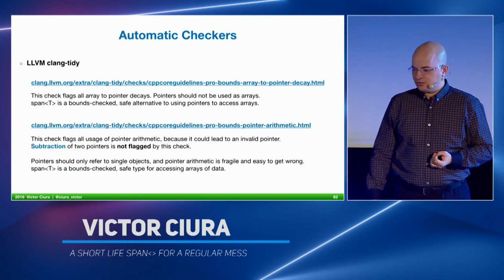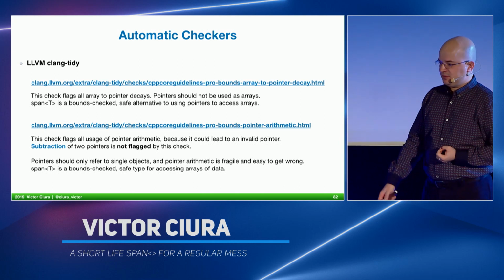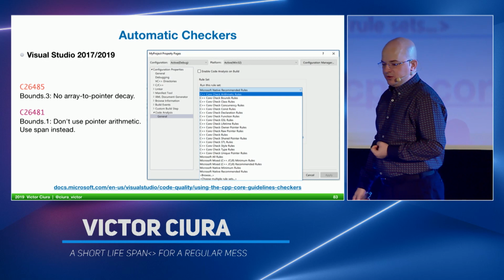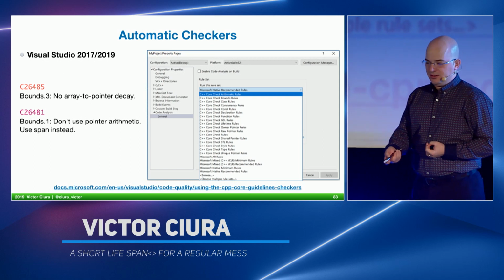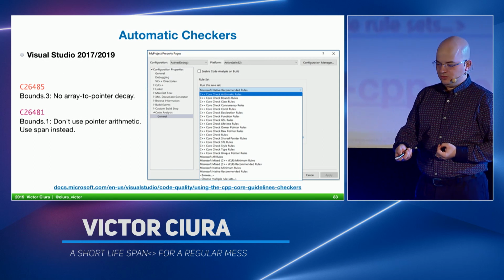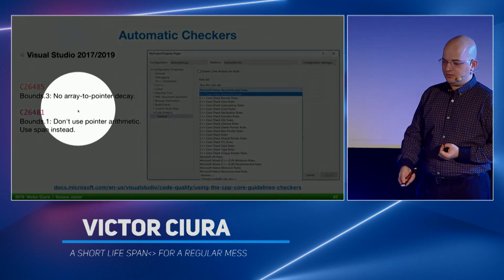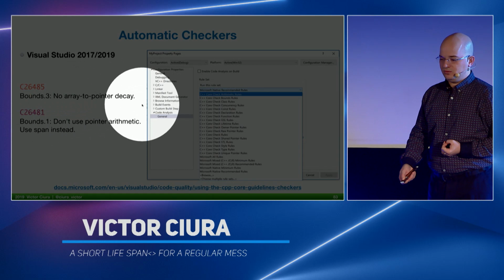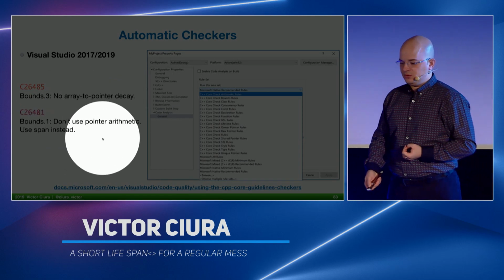These would be the checks from Clang Tidy and the details therein. This is how it would look in Visual Studio. We have the two warnings that we may see: no array to pointer decay, and don't use pointer arithmetic.